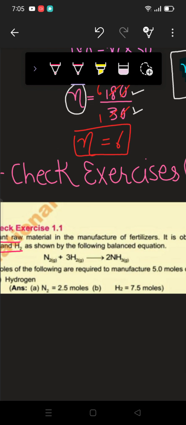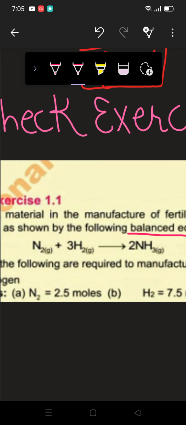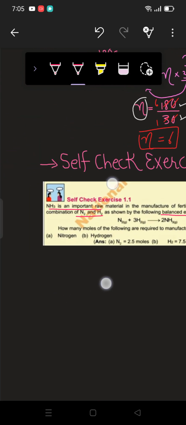Since they have mentioned this is a balanced chemical equation, we will not be balancing it first, we will directly solve. So N2 plus 3H2 gives 2 moles of ammonia. Nitrogen combines with 3 moles of hydrogen to give 2 moles of ammonia.